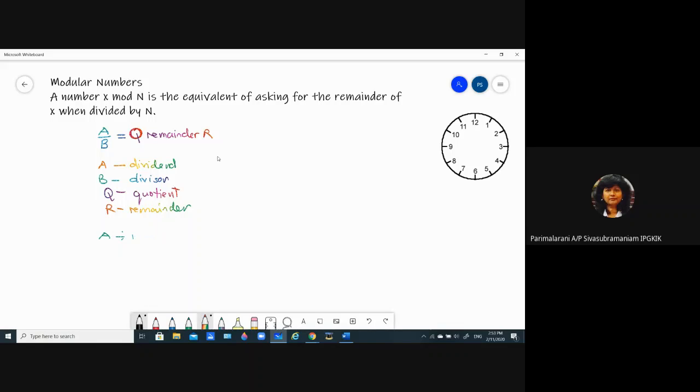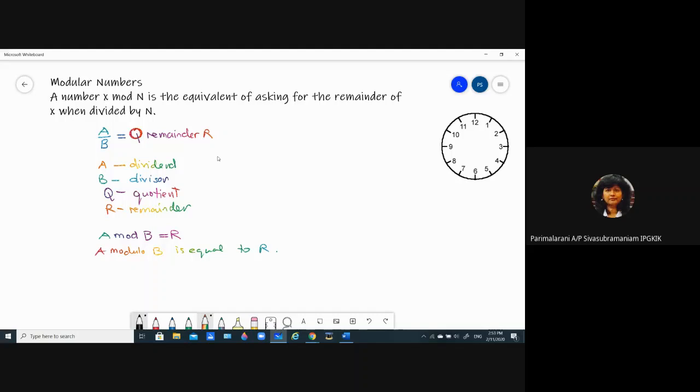So we write A mod B equals R. That means A modulo B is equal to R. B is the mod or the modulo. A mod B means A divided by B will give you a remainder of R.